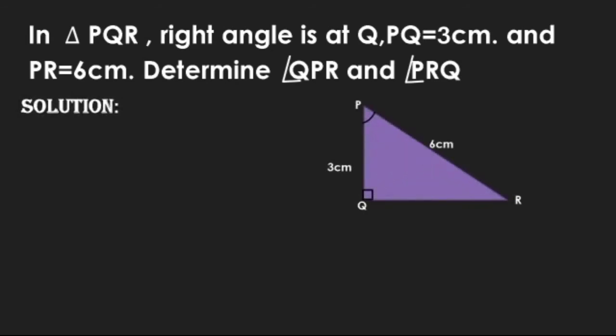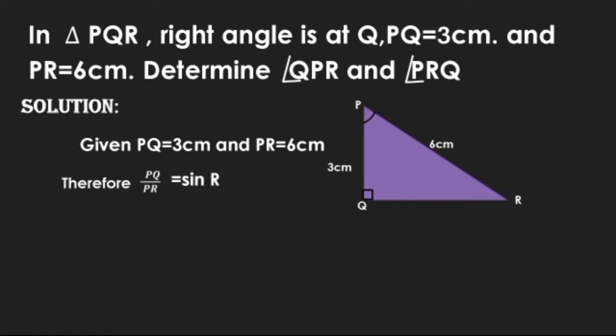Given PQ equal to 3 centimeters and PR is equal to 6 centimeters. Therefore, the ratio PQ by PR is equal to sin R. PQ is equal to 3 centimeters, PR is equal to 6 centimeters, so sin R is equal to 3 by 6, which is 1 by 2.